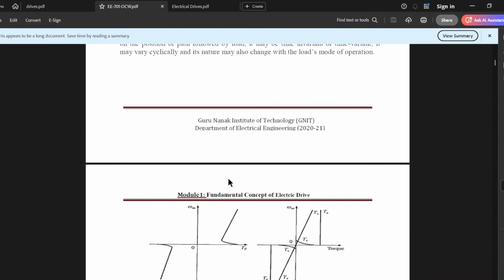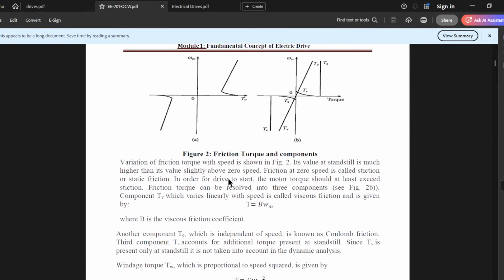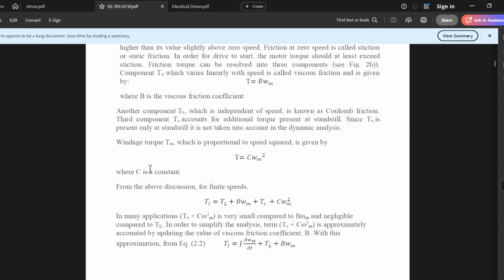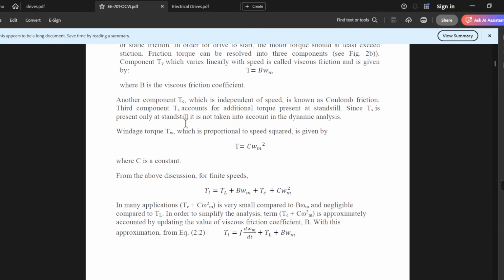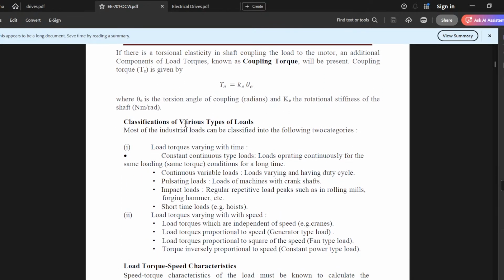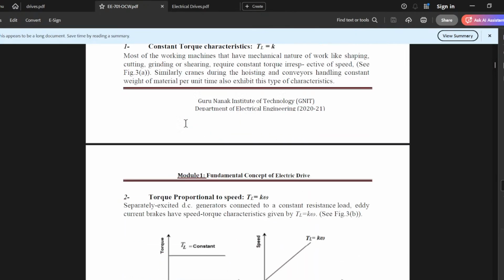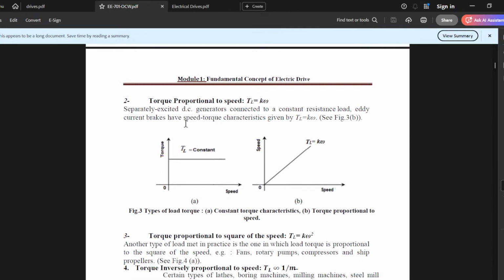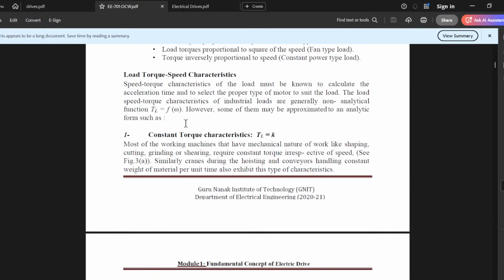Okay, let's just try to understand this, not getting into my head. What are these things? Let's see this load, torque, speed characteristics.